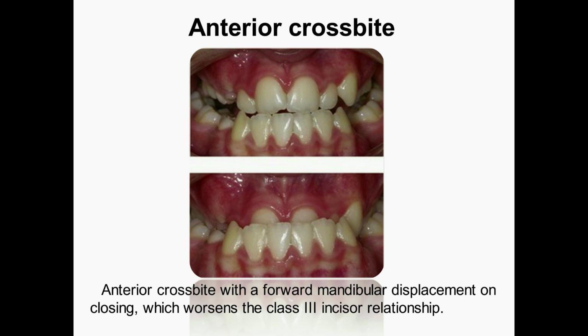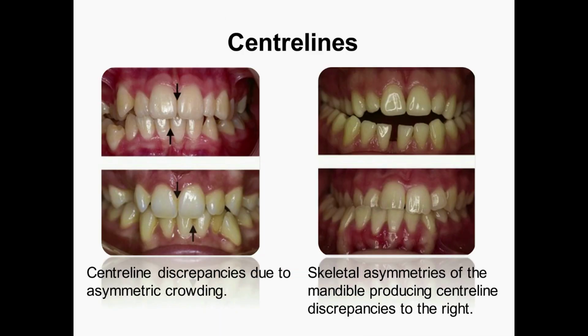Teeth in anterior crossbite should also be noted, along with the presence and size of any displacement of the mandible that may occur when closing from the retruded contact position into the intercuspal position.